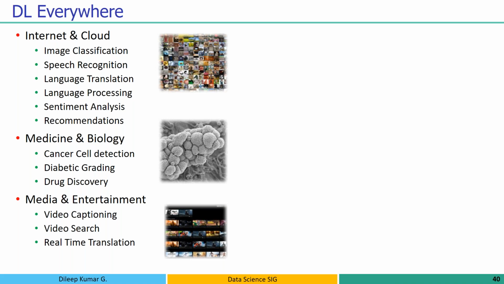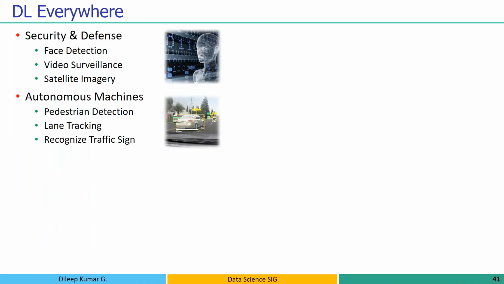In media and entertainment, when you have lots of videos, we need to group the videos and give them some labeling. This is called video captioning, and also searching the videos with labels. Deep learning is used in this case, and also for real-time translation of outputs.